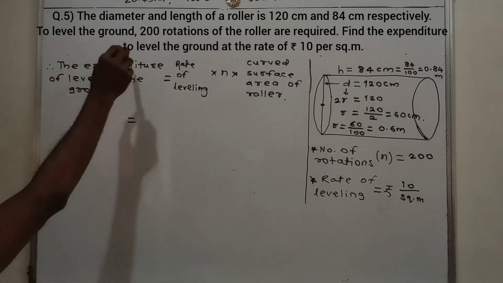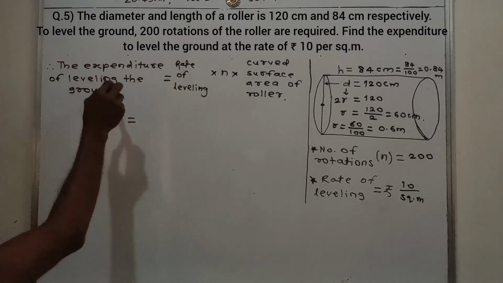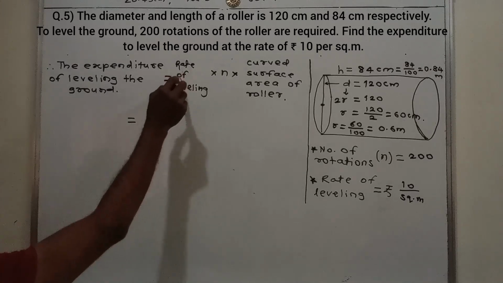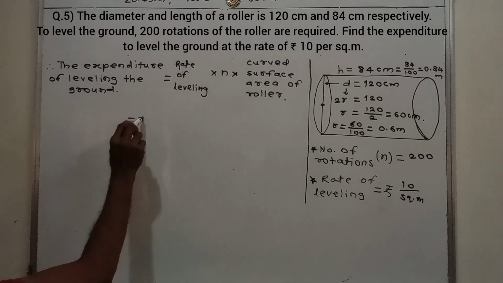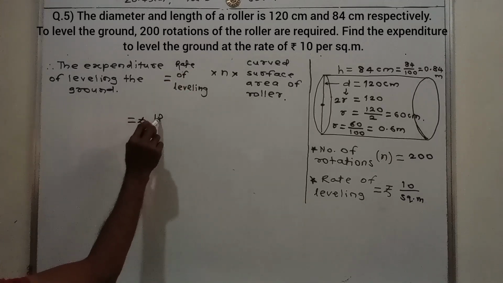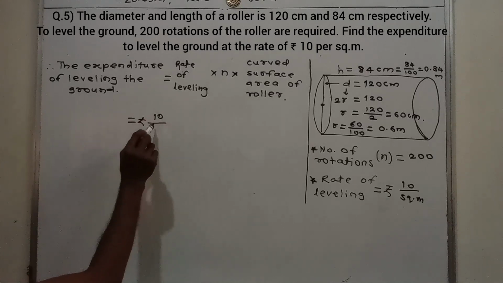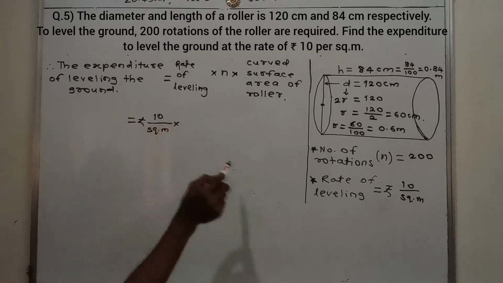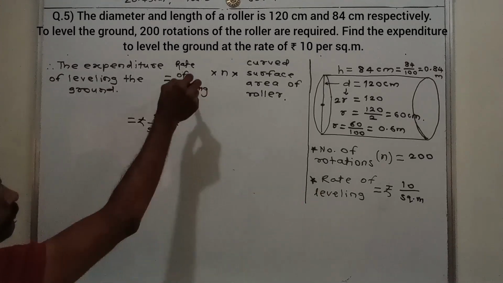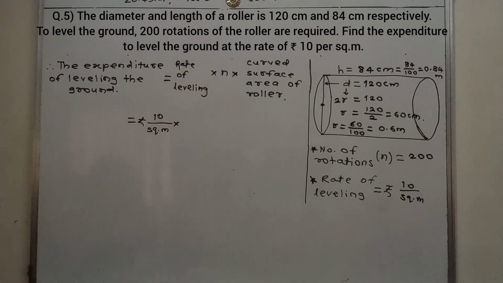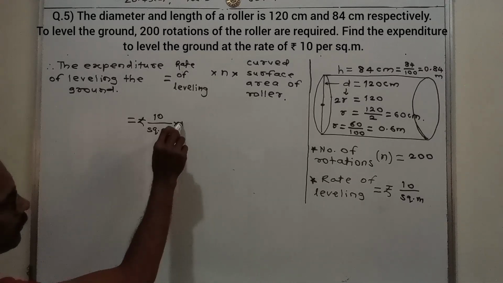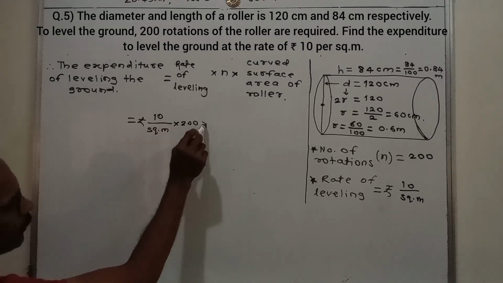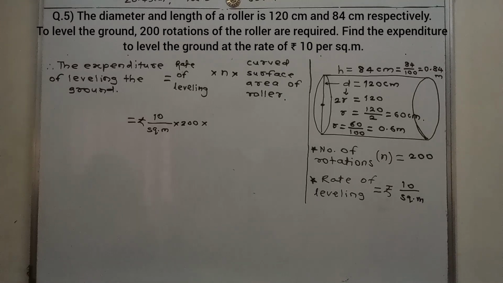Therefore, the expenditure of leveling the ground is equal to rate of leveling 10 upon square meter into number of rotations, means n, 200, into curved surface area of roller.